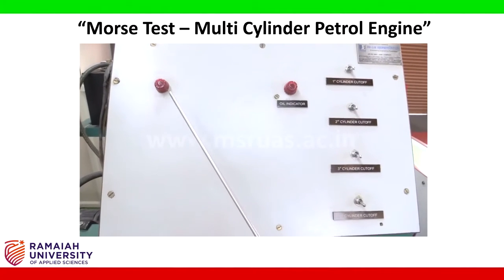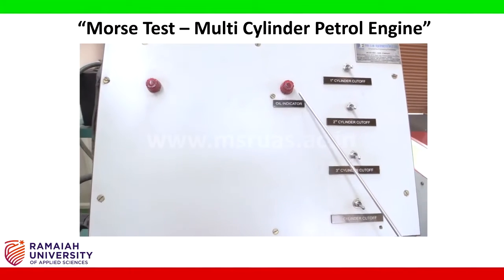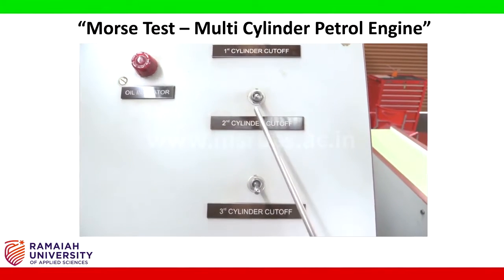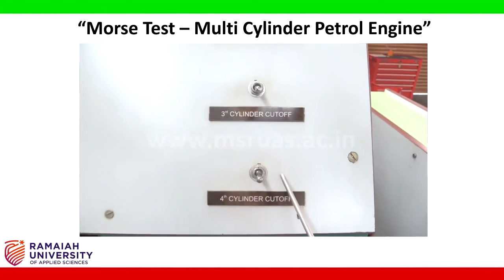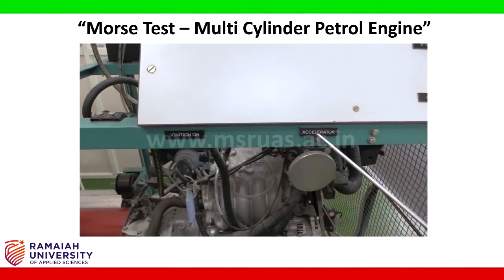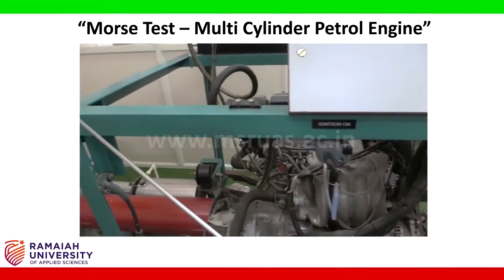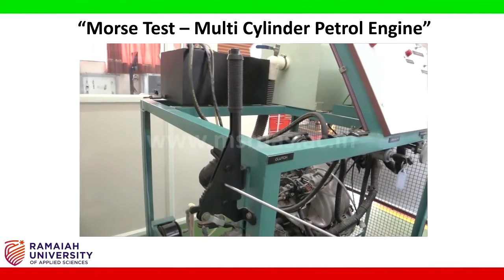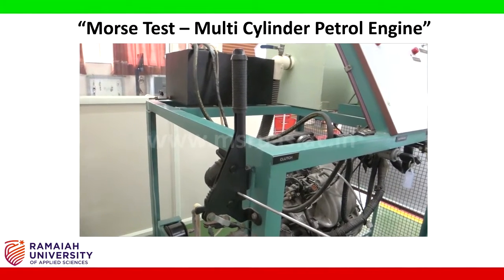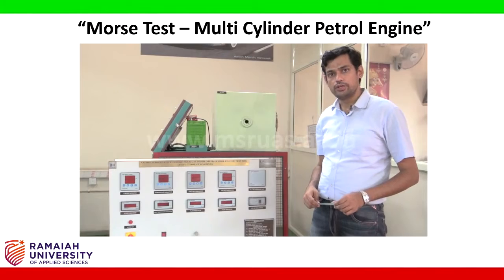The engine control panel consists of an engine on indicator, oil level indicator, cylinder cutoff switches, ignition on key, accelerator knob, and the clutch to connect and disconnect between the engine and the dynamometer. All the sensors from the engine are connected to the display unit here.